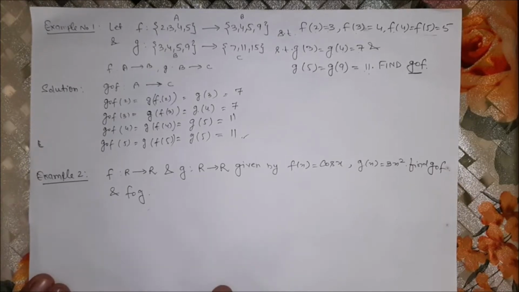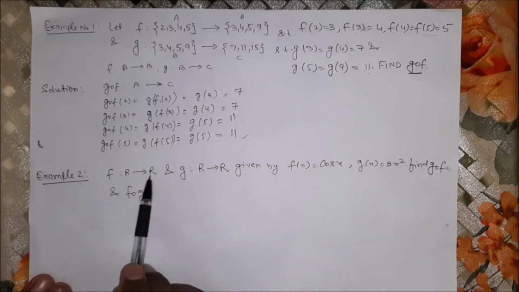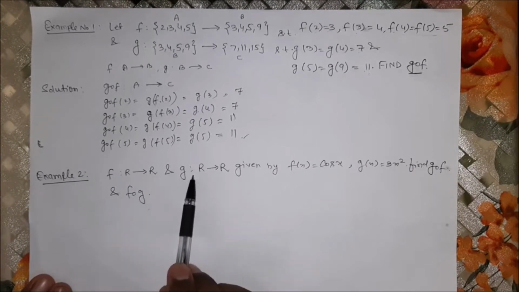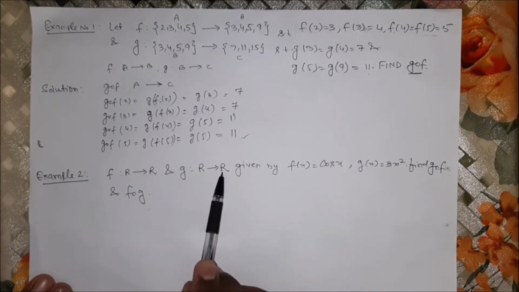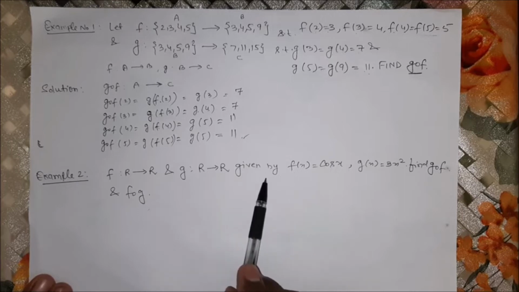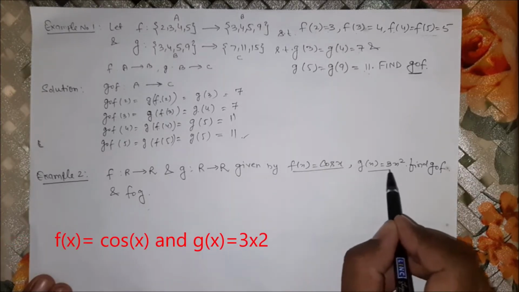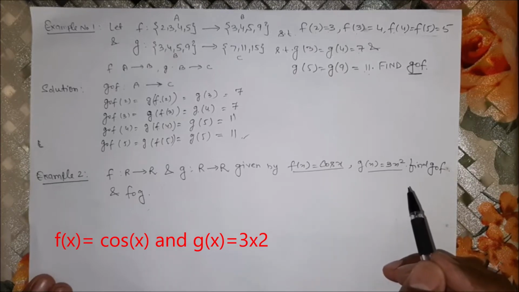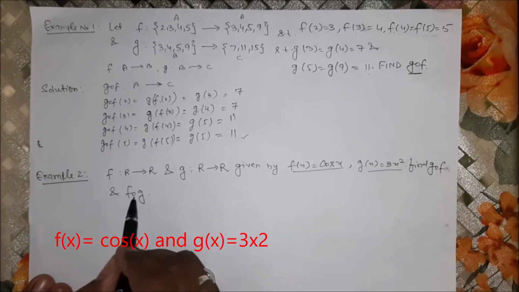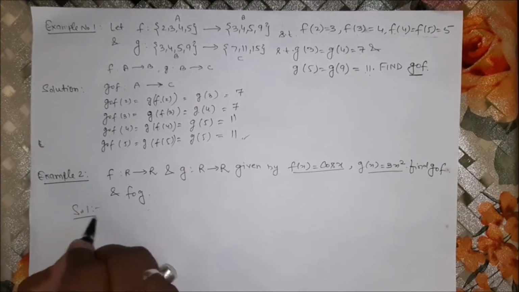Now I'll take another example. f is from R to R, where R stands for real numbers. g is also defined from R to R, real number to real number, such that f(x) is equal to cos x and g(x) is equal to 3x squared. We need to find GOF and FOG. Let us evaluate.